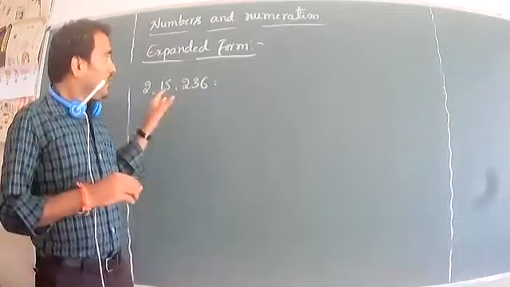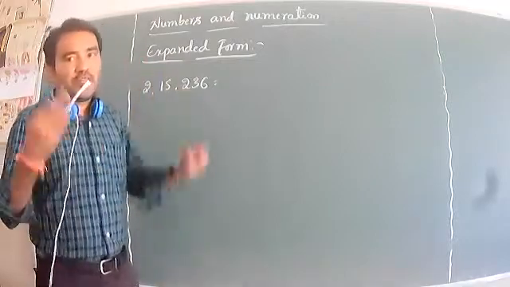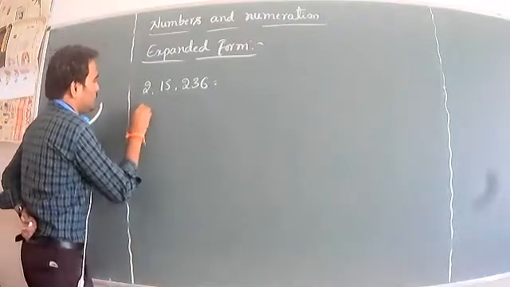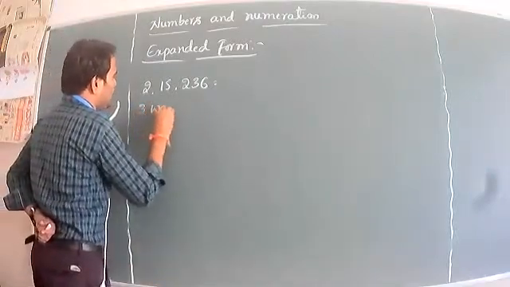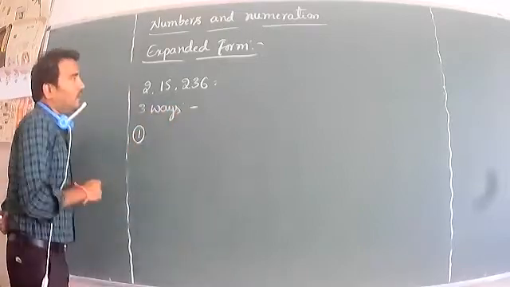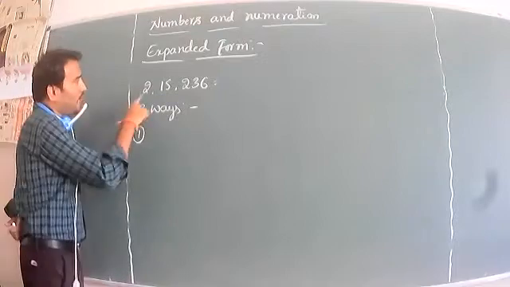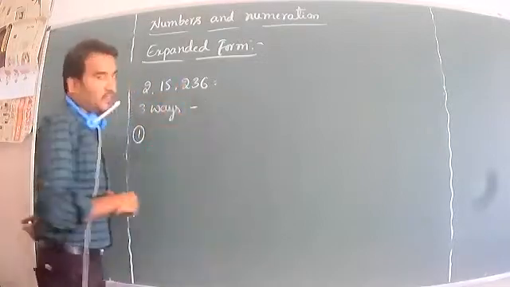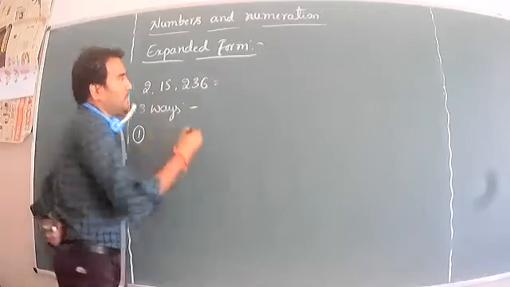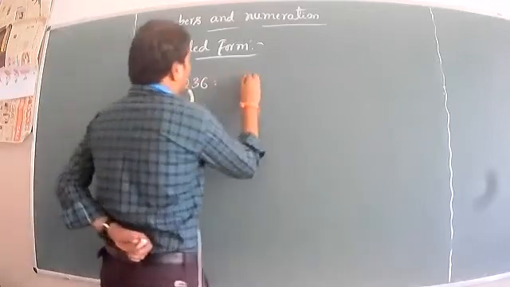Look at this. The expanded form can be written in three ways. First, this is the number, 2,15,236. We should write the place values.